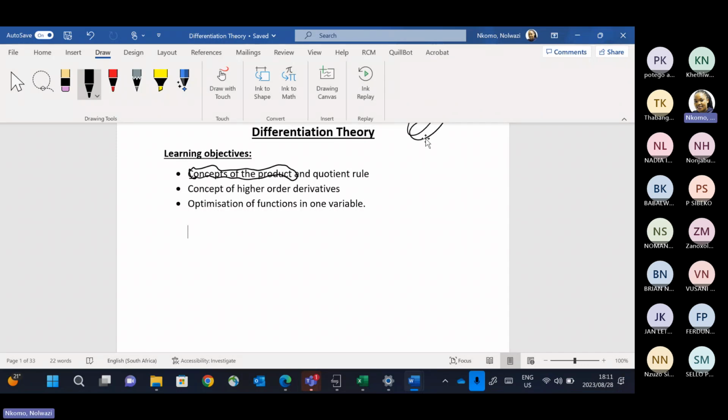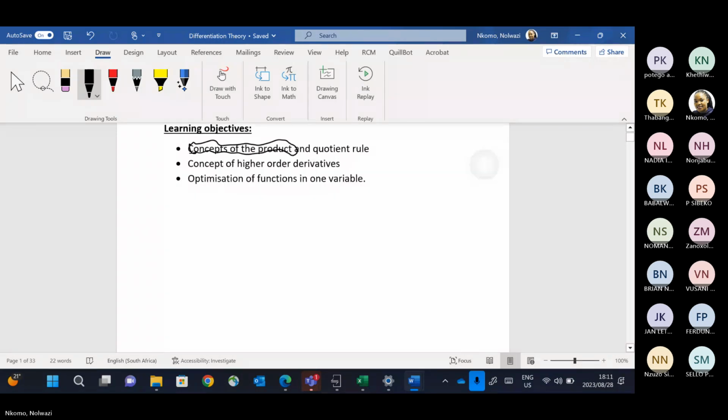First, we had a rule on a function like this: f at x equals ax to the power n, and we did a rule whereby we were given a function of this form.